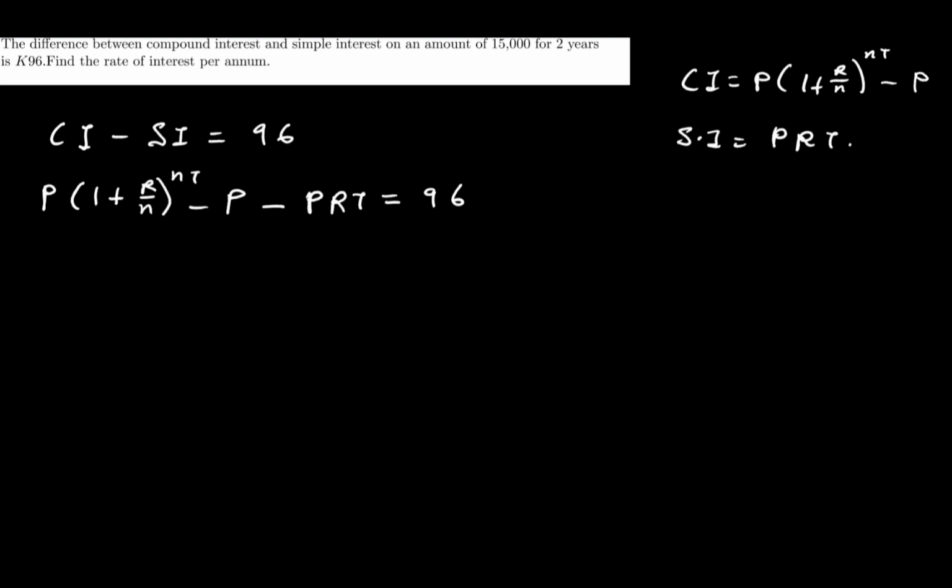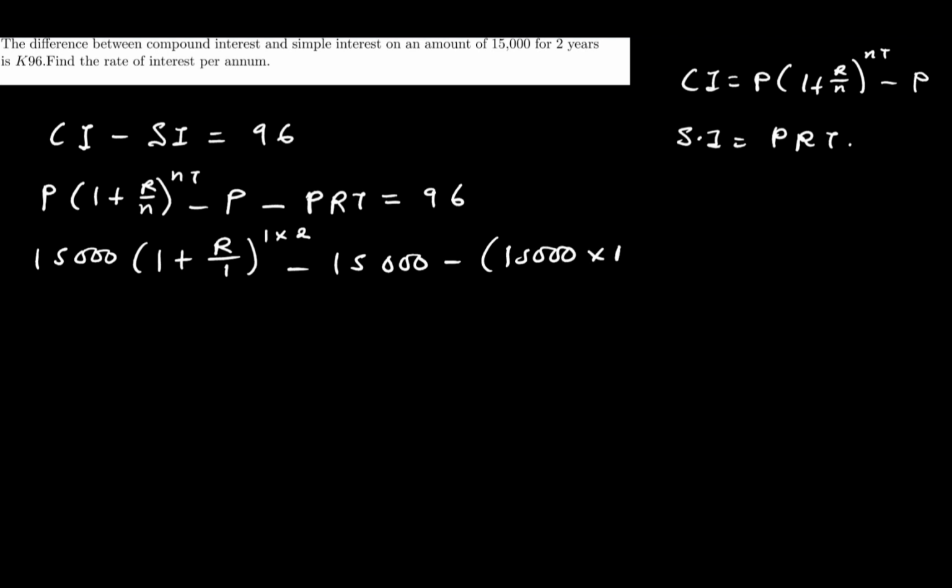So the principal amount is basically the amount invested, which is 15,000 kwacha. Then this is 1 plus the rate, which is what we're looking for, over N, which is the number of times it was invested, which is basically 1, to the power 1 times the duration, which was basically 2 years, minus the principal amount again, which is 15,000, minus again the principal amount, 15,000, times the rate which we're looking for, which is R, times the duration 2, being equal to 96.